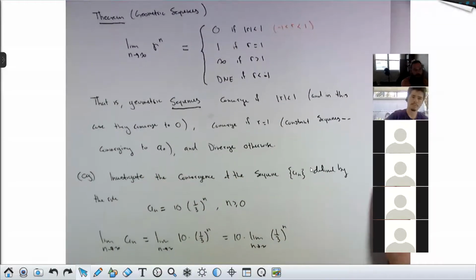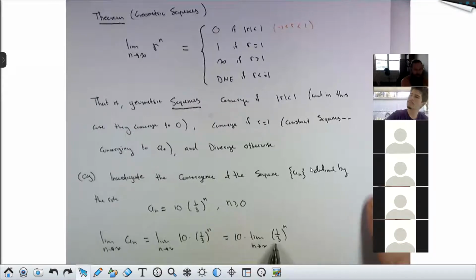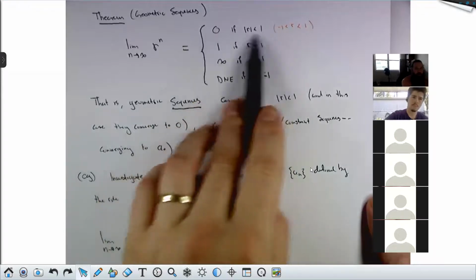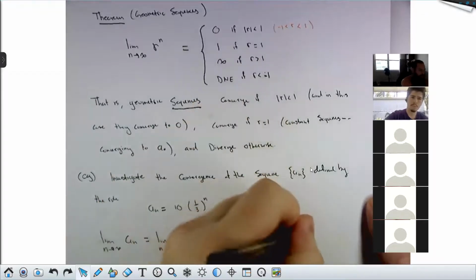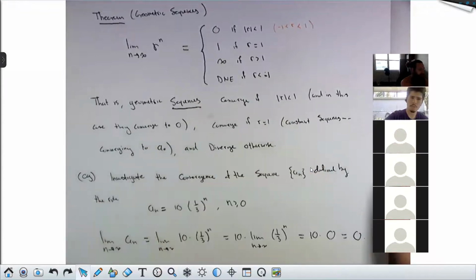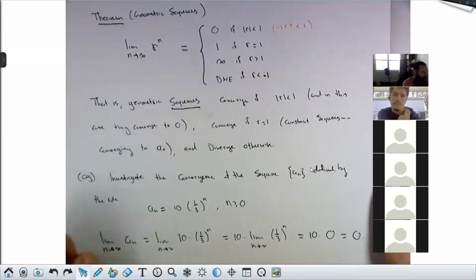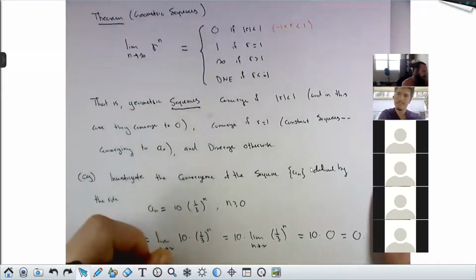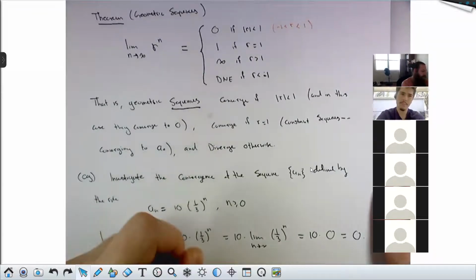And at this stage, I refer back to my theorem. r here is 1/3. The absolute value of 1/3 is less than 1. So that limit is 0. So this is 10 times 0, which is 0. Easy peasy lemon squeezy. So this sequence converges to 0.